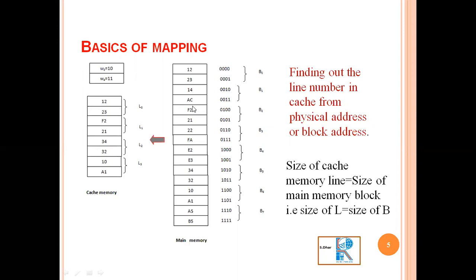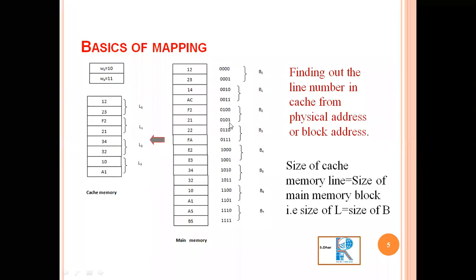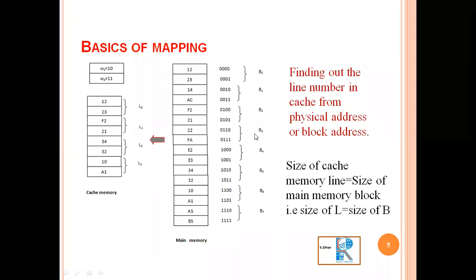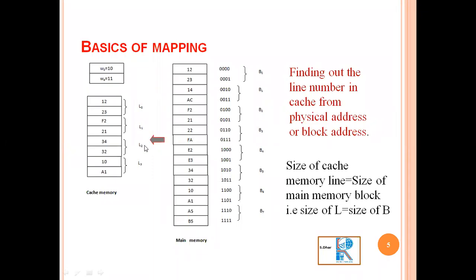So this is block B6, and if it is block B6, it will go to the line number 2, that is line L2. That means this total block will go to this total line. So this is the mapping.